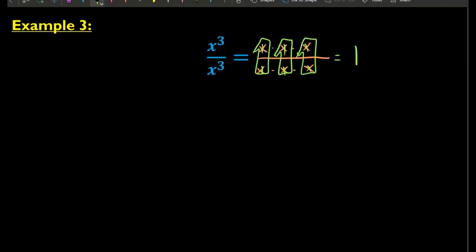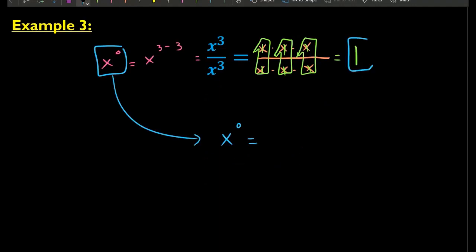Now on the other side, we can use the quotient rule. X of 3 minus 3, that is x to the 0. Now we bring the left side and right side together. X to the 0 is equal to 1.